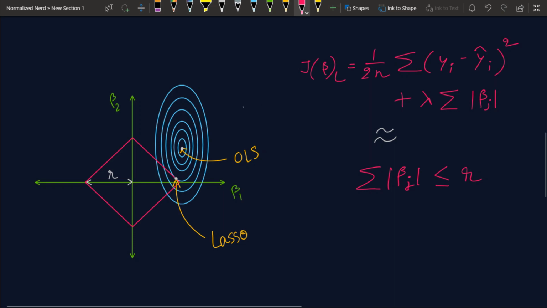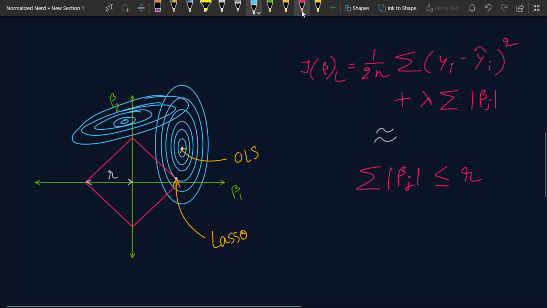Suppose our contours look something like this. Let me draw another contour here. Forget about the previous contour, now focus on this contour. What will be the final result of beta here?